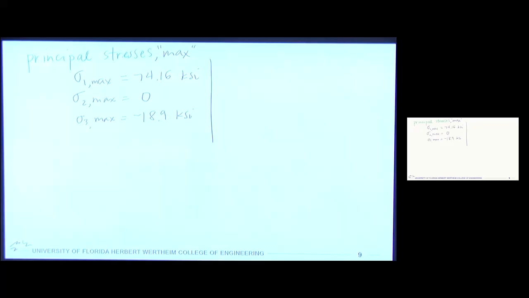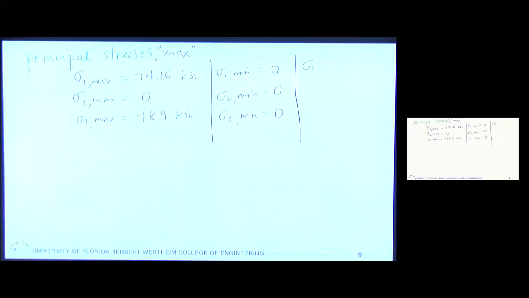Minimum, these are fully releasing, and so these principal stresses go to 0 at their minimum. So sigma 1 minimum is 0, sigma 2 minimum 0, sigma 3 minimum 0, because both of these are fully releasing loads. And then the mean is halfway between those two.